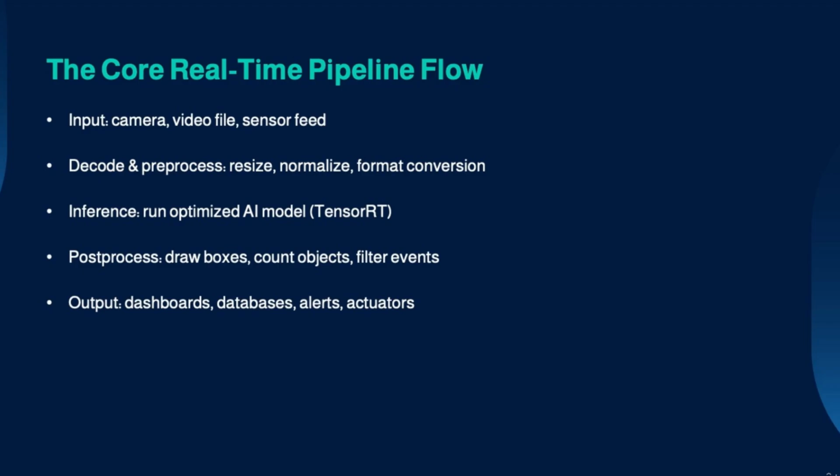Next, run the inference step with a TensorRT optimized model for maximum performance. After inference, post-process the results, drawing bounding boxes, counting objects, or filtering by detection confidence. Finally, output the processed data to wherever it's needed: real-time dashboards, cloud databases, alerting systems, or even actuators that trigger physical actions.